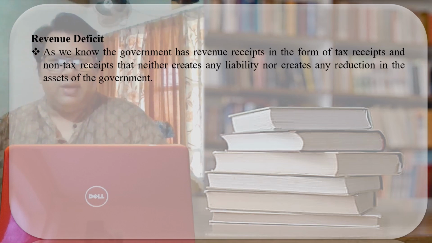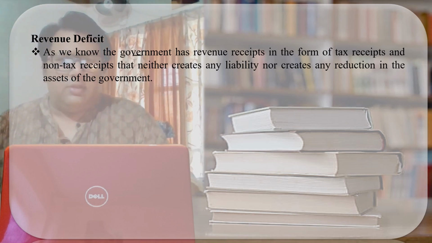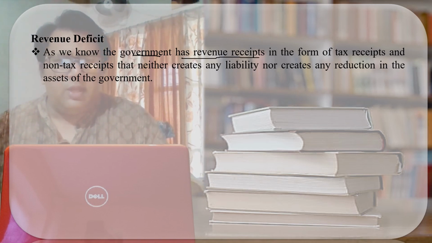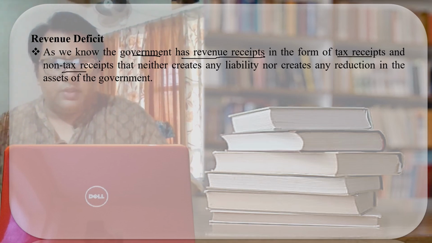Now let us discuss the things in detail. So let us discuss the revenue deficit in detail. As we know, the government has revenue receipts in the form of tax receipts and non-tax receipts that neither create any liability nor reduce the assets of the government.